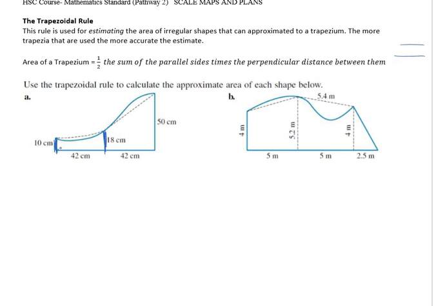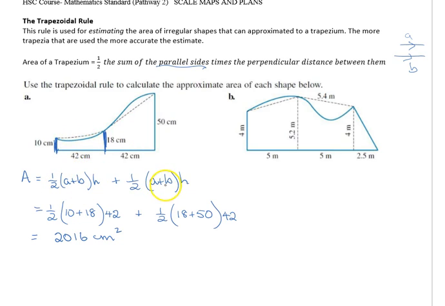So rather than learn it from this figure with that always being your A and B, learn that your A and B are always your parallel sides, and sometimes they're vertical, and then the H is the perpendicular distance between them. So we could work out an estimation for the area of this shape by using two applications of the area of a trapezium.